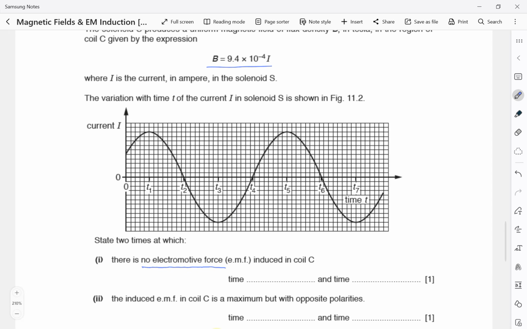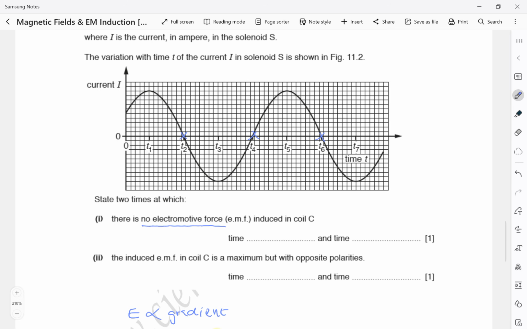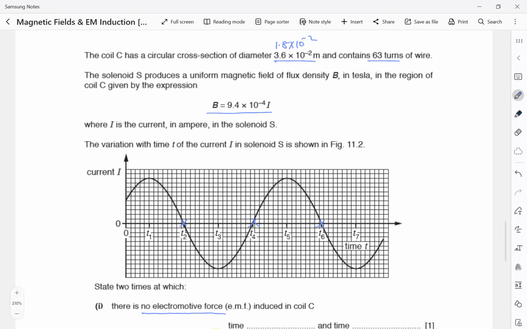So from this curve here, we shall notice that the gradient is going to be maximum at this point here, maximum here, because the tangents are steeper in those points. So there is no EMF. The tangent at this point will be a horizontal line whose gradient is 0, horizontal line here whose gradient is 0.